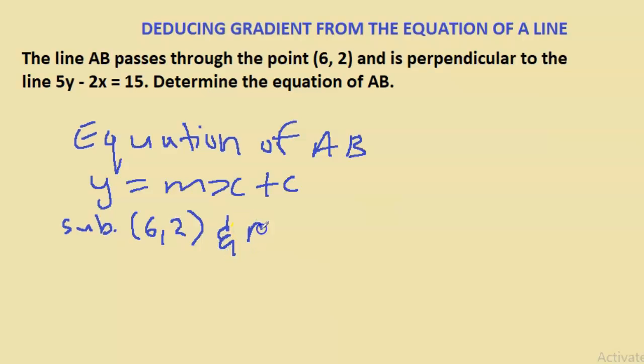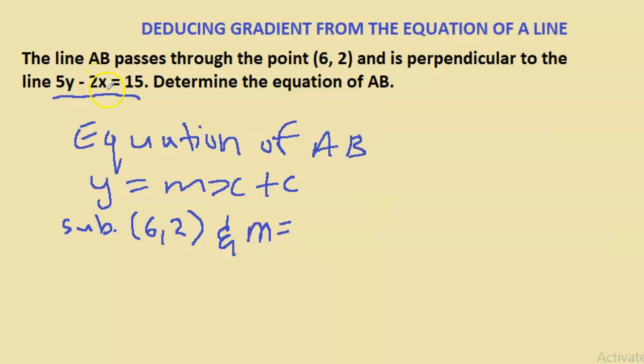The trouble now is to get the gradient of AB. Now, we are told that AB is perpendicular to this line. So if we know the gradient of this line, then we will be able to deduce the gradient of AB.